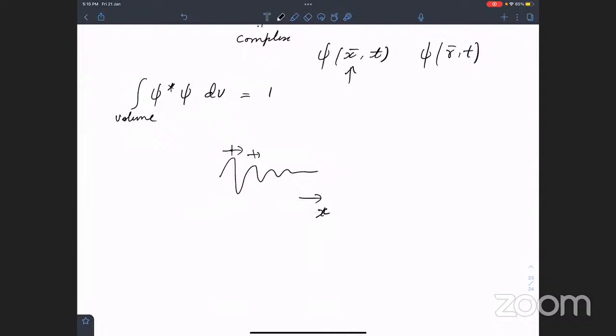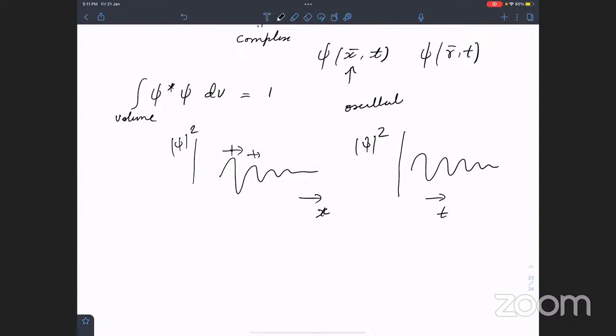Okay. And if we sit at any particular position in the room and plot mod of psi squared, the amplitude of this complex function, as a function of time at any given location, then also it'll have wave-like behavior, right? It'll go up and down, it'll oscillate, basically. Oscillation is the key feature of any wave-like mathematical object.